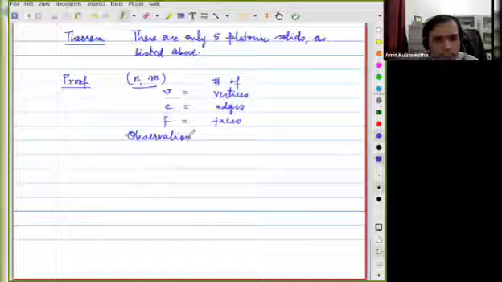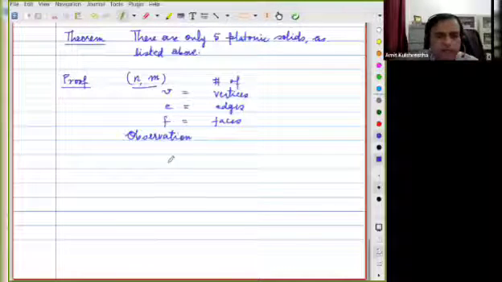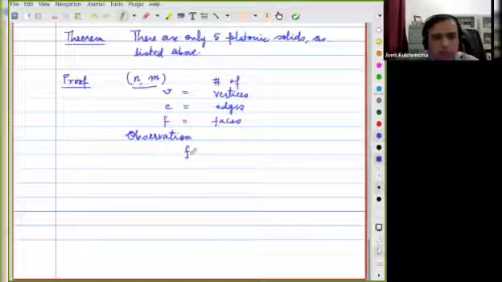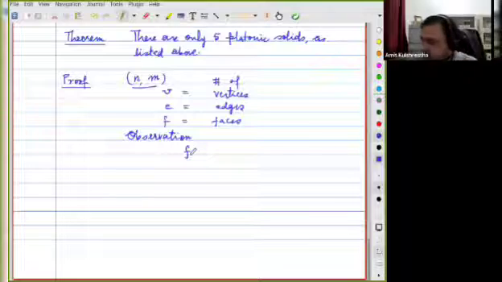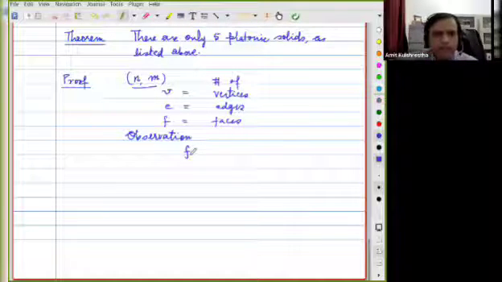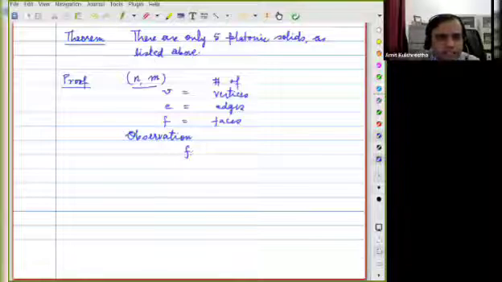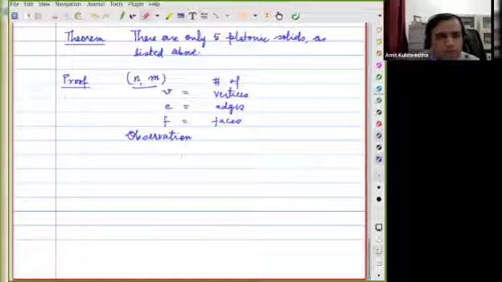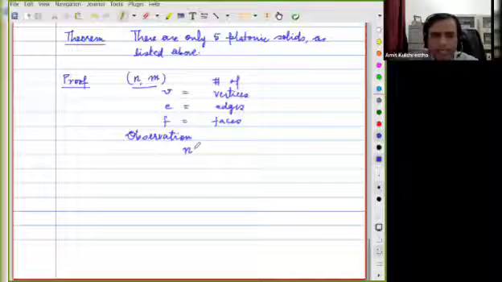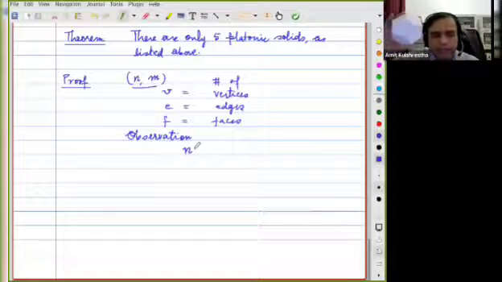The observation is this: you take F. F is the number of faces. Or rather, let me not take F first, let me take N. N is what? What N-gon is used here.